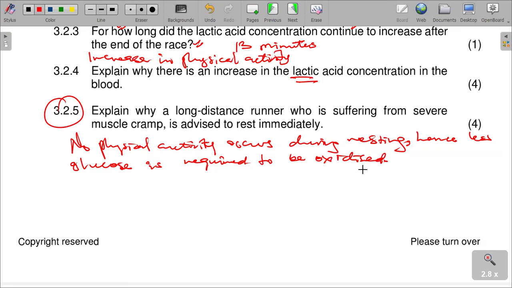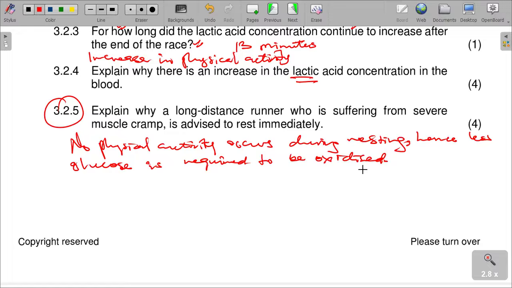Another thing is that the lactic acid stored in the muscles will be converted back to what? Will be converted back to pyruvic acid, enabling the cells to complete the Krebs cycle, and hence oxidative phosphorylation will take place.